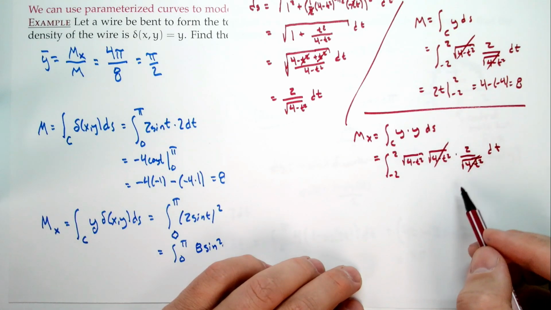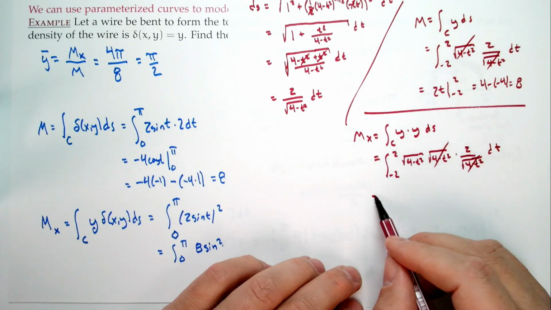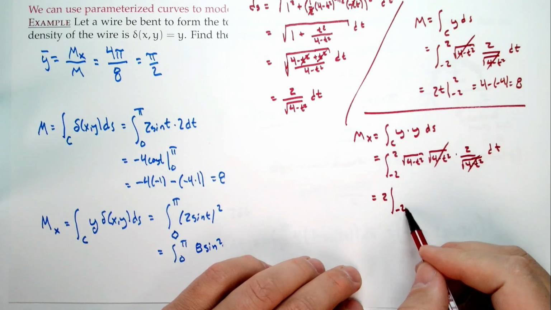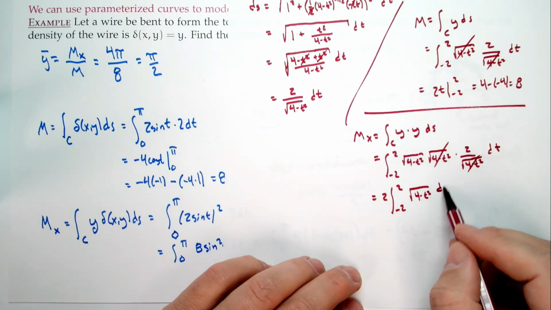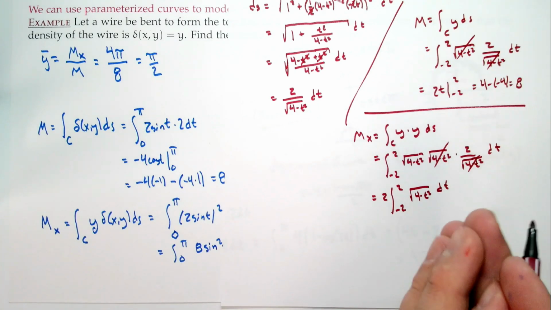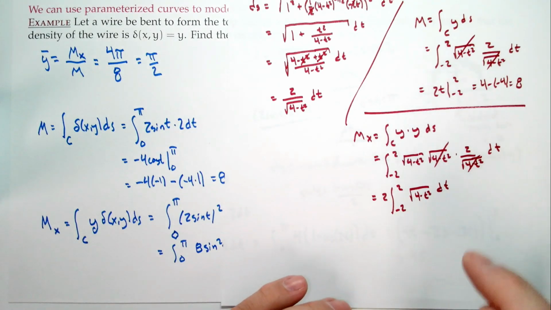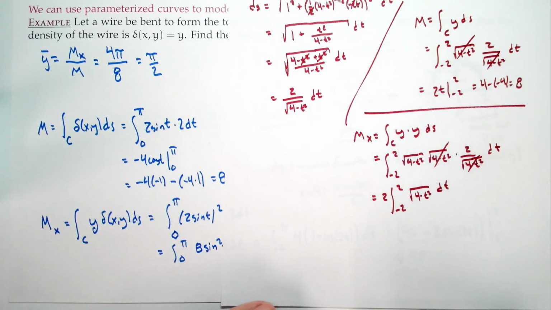Again, we get the cancellation. The 2 will come out. So this is 2, integral negative 2 to 2, square root of 4 minus t squared dt. And now you're like, ha, you are stuck. You can't integrate that. Or can you?